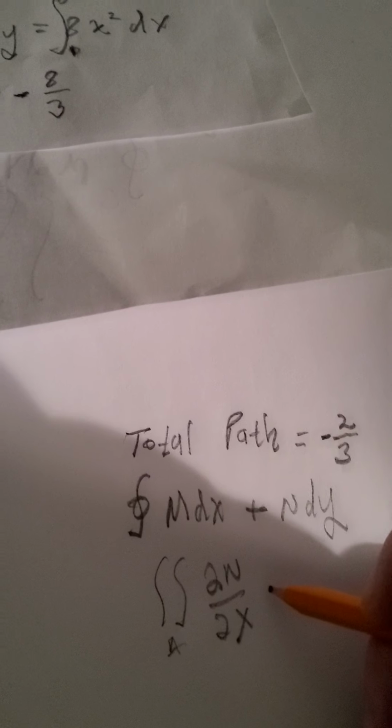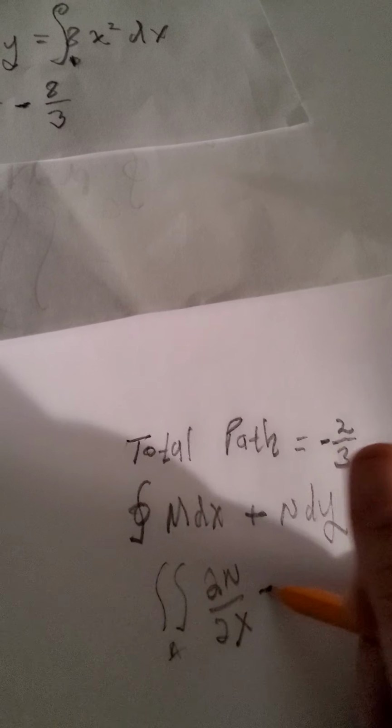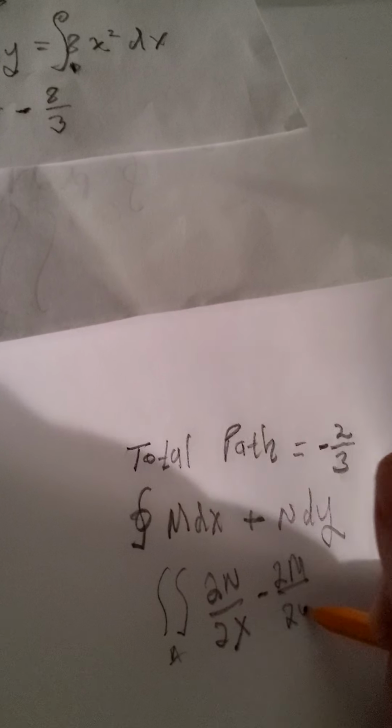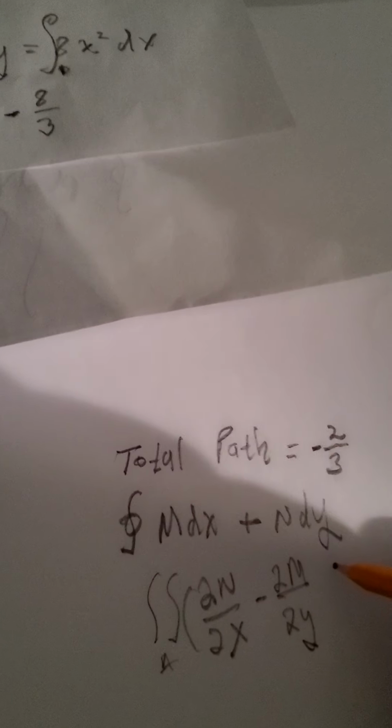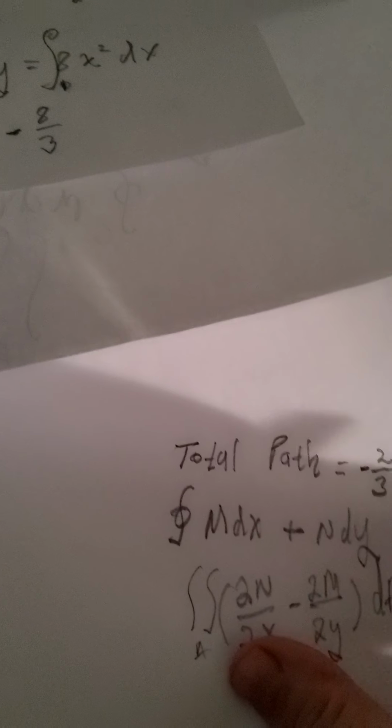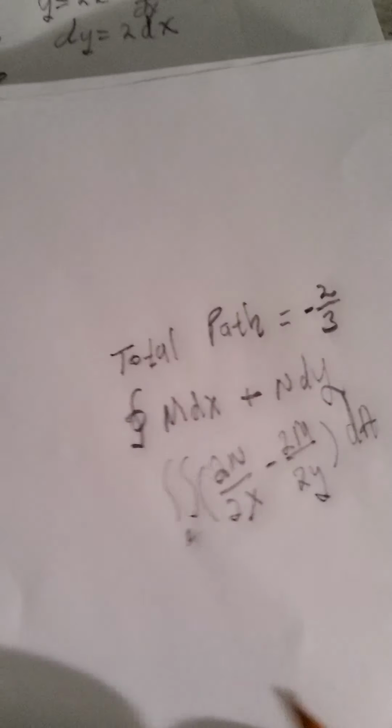This turns out to be the curl also, by the way. Minus partial m partial y. Evaluate that double integral in a bounded area, and I should get the same answer. I should get negative 2/3 again. Okay, so now let's try that.